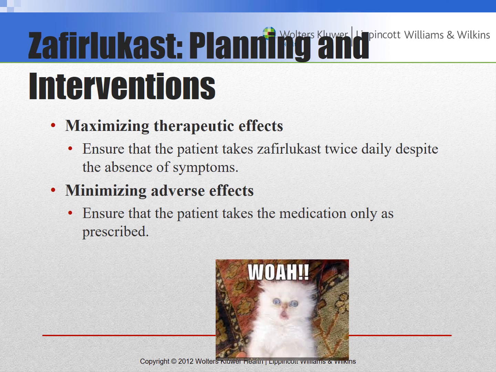We do want to assess if they're taking systemic steroids, or if they're tapering them, because you can have a serious adverse effect of Churg-Strauss syndrome in patients that are taking Zafirlukast and that are having systemic steroids withdrawn. So we just need to assess if they're taking systemic steroids so that we can monitor them a little closer.